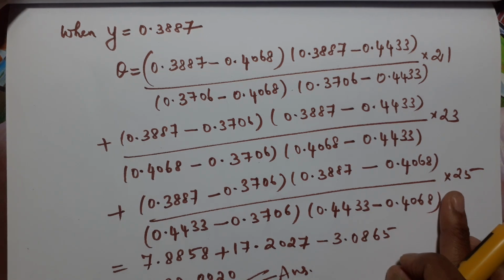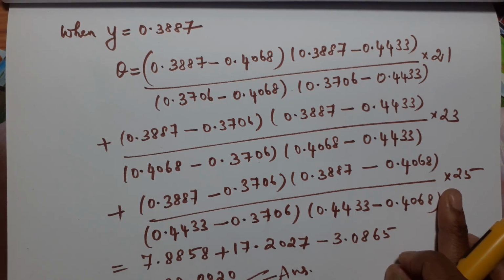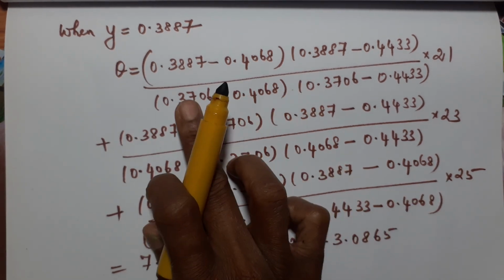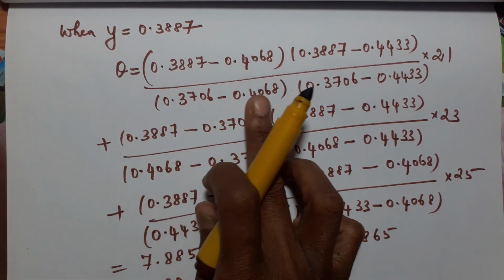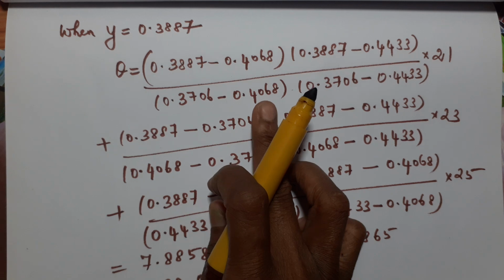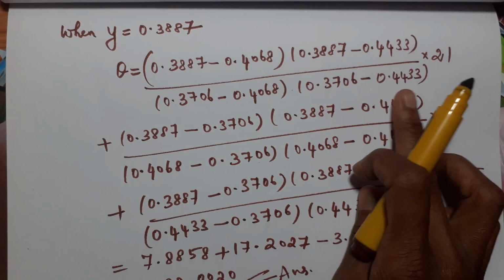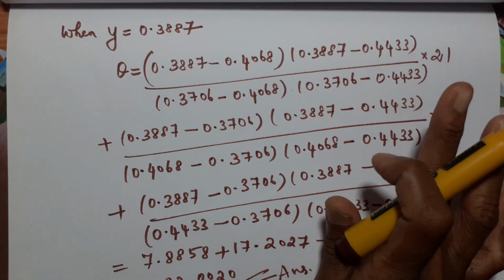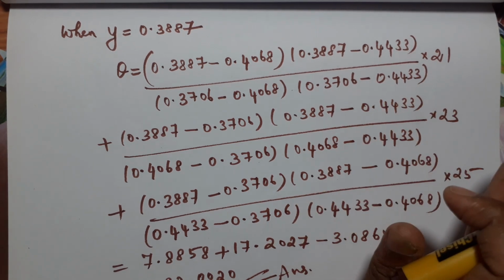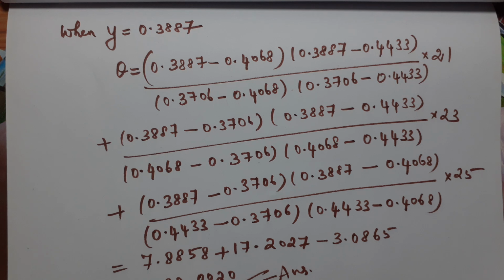After that we have to simplify. Already I told you, while doing the calculation, concentrate more on signs. For example, if you take this term, this is the smallest value and this is the largest value. So smallest minus greatest is a negative value. Like that, here also a negative value. So minus into minus is plus. Like that, you have to be very conscious while doing the arithmetic calculation.